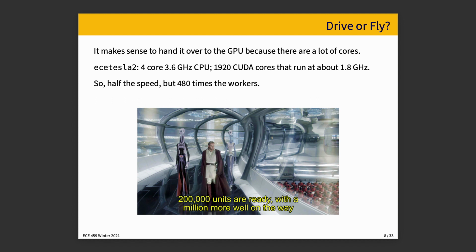Just taking one of the ECE servers in fall 2020, ECE Tesla 2 has a 4-core 3.6 gigahertz CPU, and it has 1,920 CUDA cores, each of which running at 1.8 gigahertz. So each individual core is half the speed, but there are 480 times as many cores available.